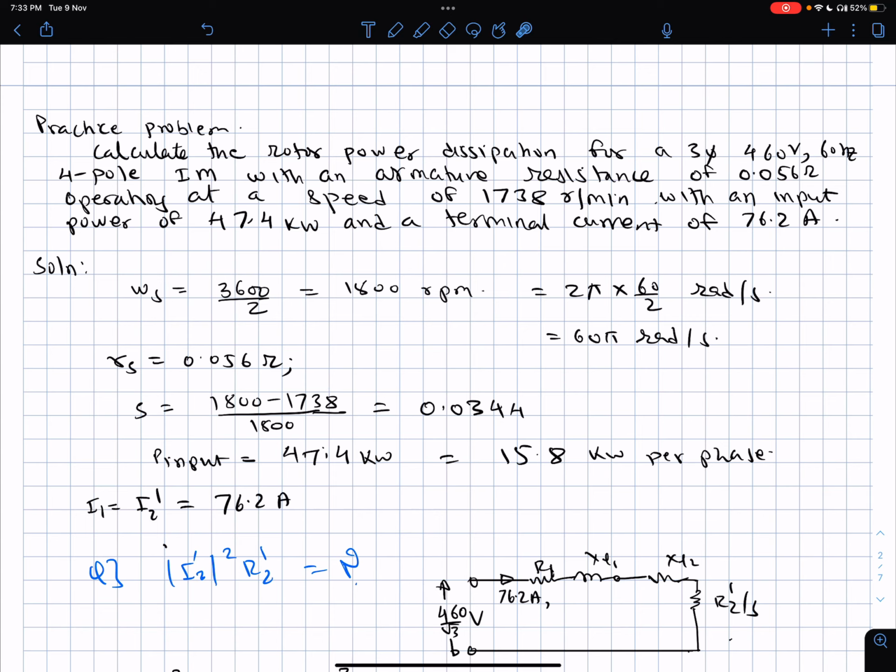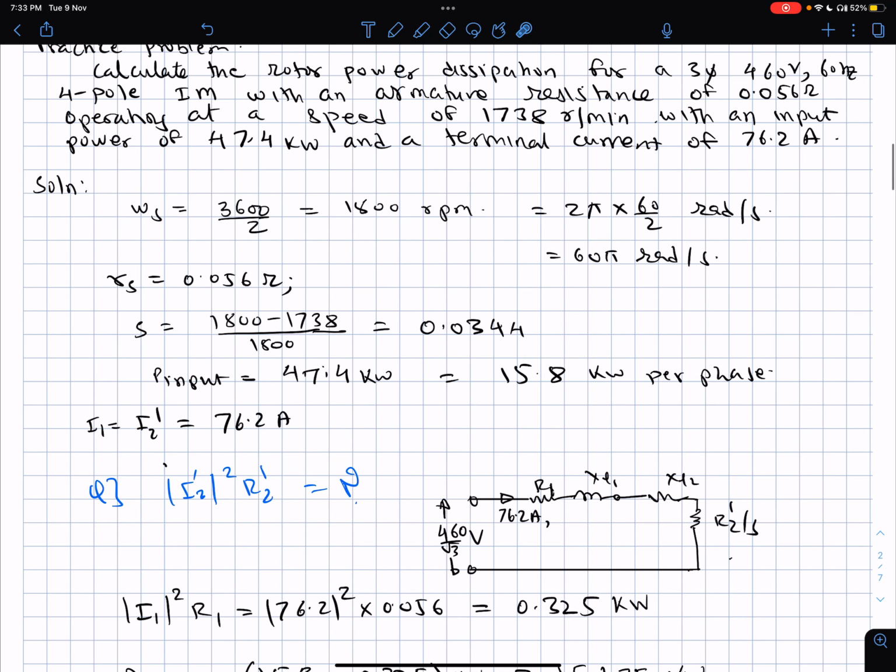Now immediately, once you know the synchronous speed and the revolutions it is actually making, you can put up the slip. So you will come to know the slip of the machine with an input power of 47.4 kilowatt and a terminal current of 76.2 amperes.